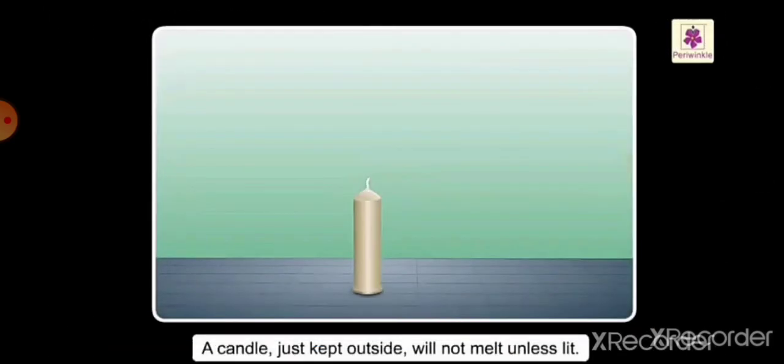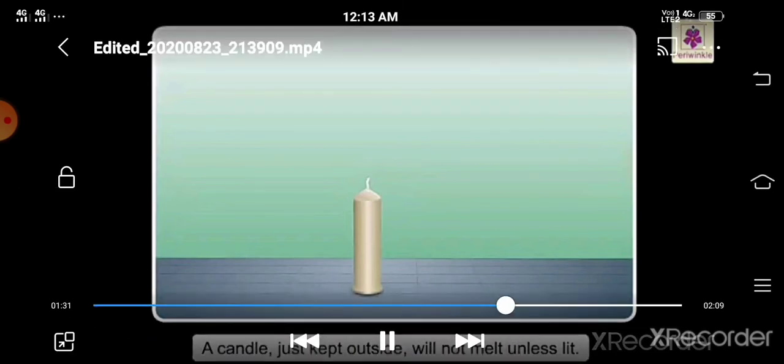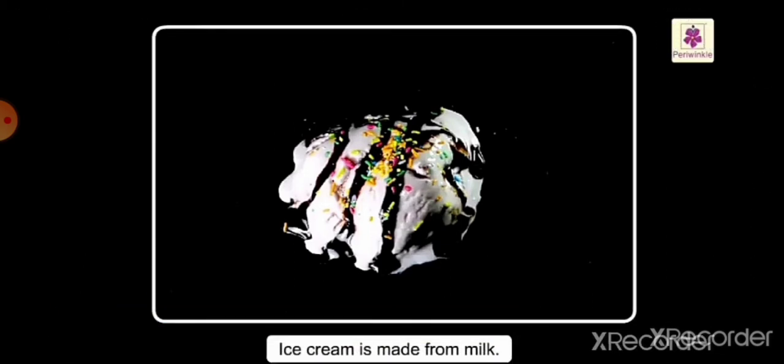A candle kept outside will not melt unless it is lit. In the freezer, it is in the same form, in the solid shape, right? When you take it out of the freezer and leave it for some time, it turns into liquid, right? So it takes another form.